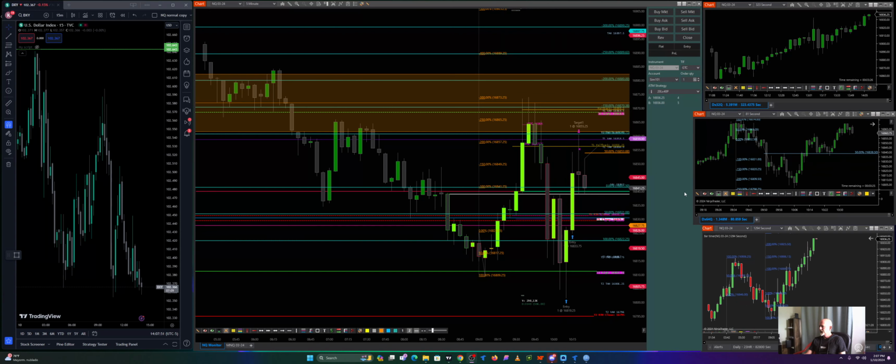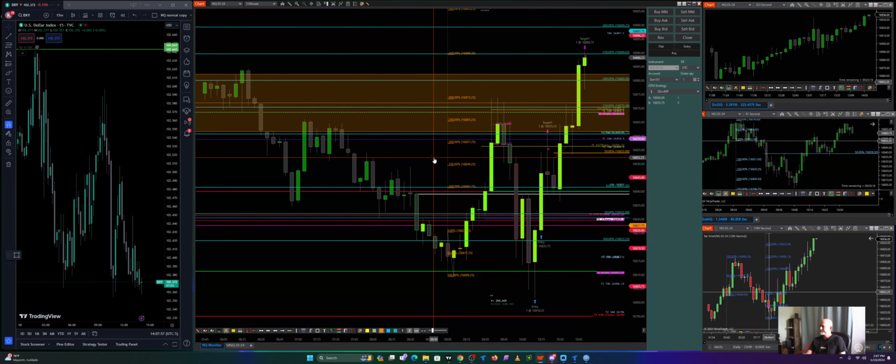So your first target was the T1 halfback. This is the halfback from the overnight trading session. It is good to exit there because it is a powerful level.